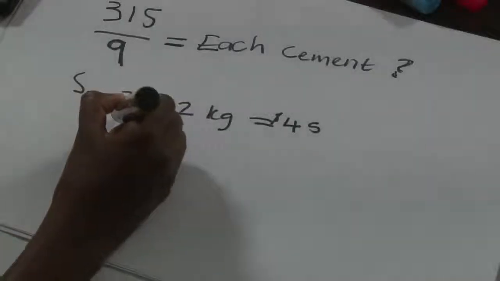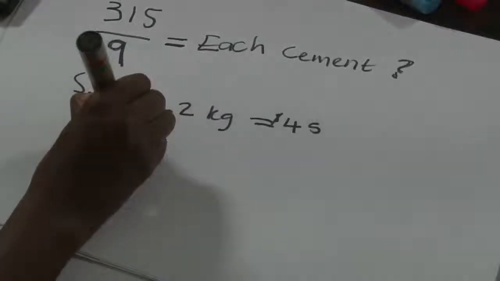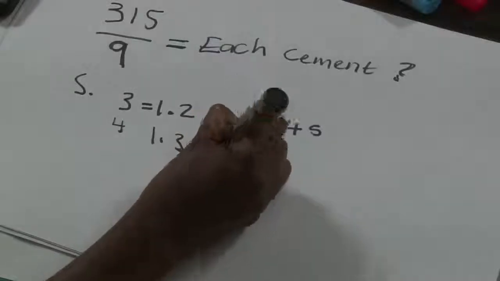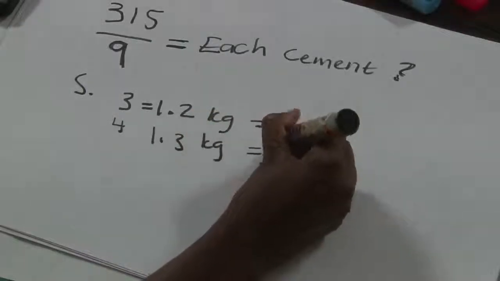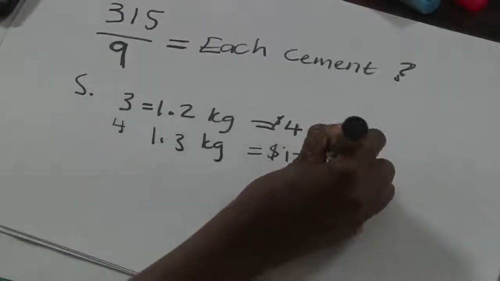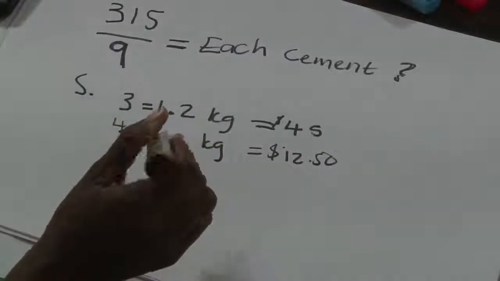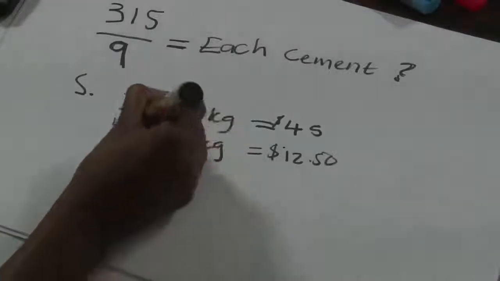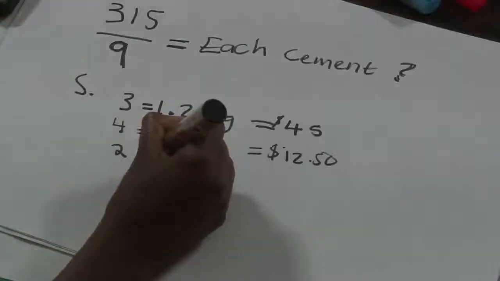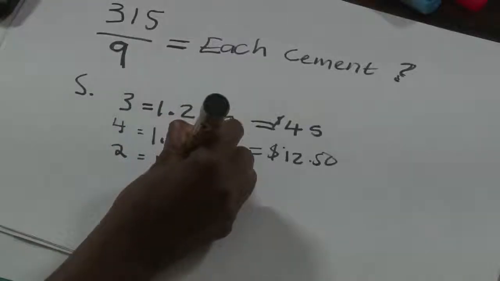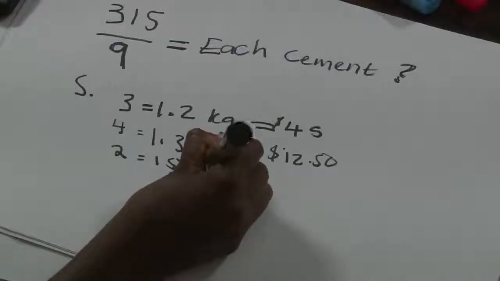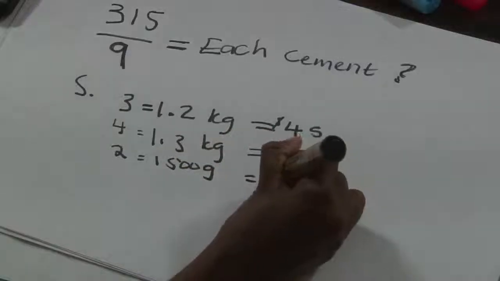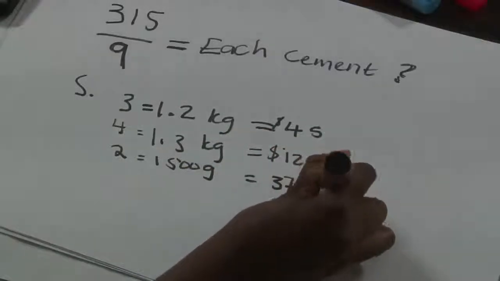She also bought 4 packs of cereals weighing 1.3 kilograms at a total price of $12.50. And then 2 containers of ice cream weighing 1,500 grams, not kilograms but grams, and it cost 37.50.